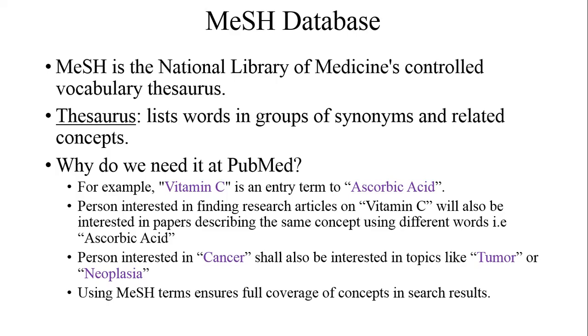Now in our case it would be ascorbic acid, right? So in this way, by connecting these synonymous words in this database called MeSH, if someone seeks out an article that describes vitamin C, since these words are interrelated to each other in this MeSH database, he won't miss out the same concept if it is described in terms of some other words, say for example ascorbic acid, right?